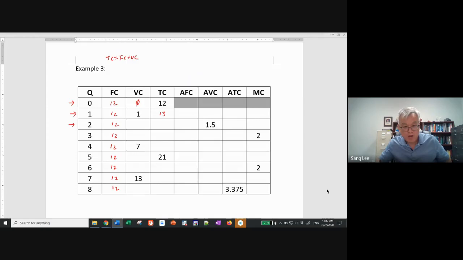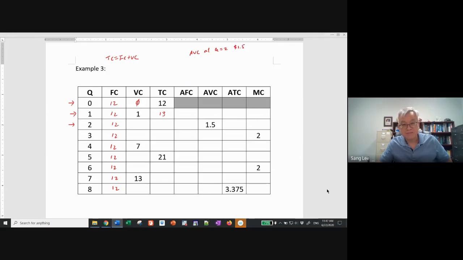Well, we do know fixed cost. We do not know variable cost or total cost. But we are given this: average variable cost at quantity 2 is 1.5.